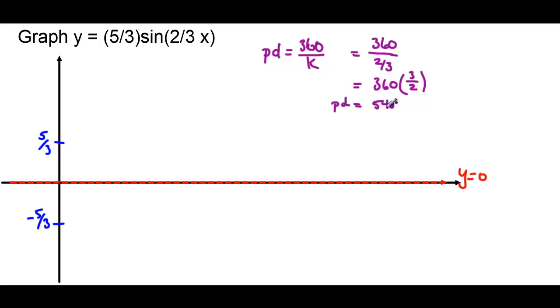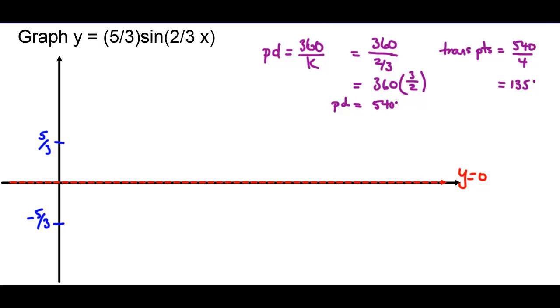Now the period is nice to know, but it's the transition points that we really need to know. So the transition points happen a quarter of a period, or in our case, 540 divided by 4. 540 divided by 4 is 135 degrees.